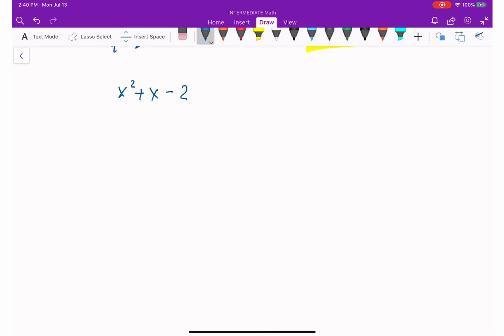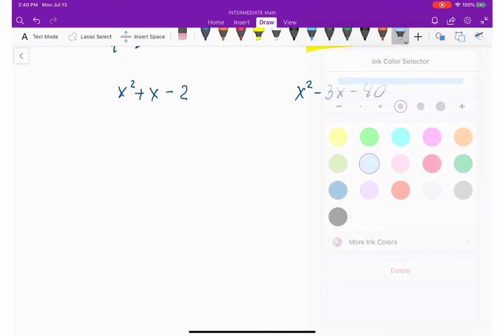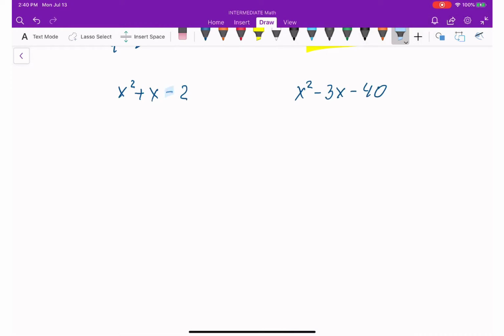And another case, x squared minus 3x and minus 40. Okay, let's see what we have here. We can say the product is going to be negative.